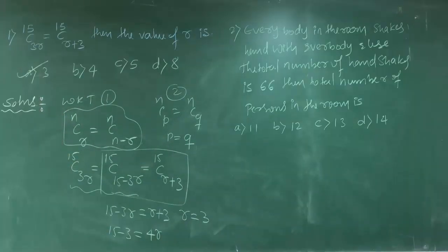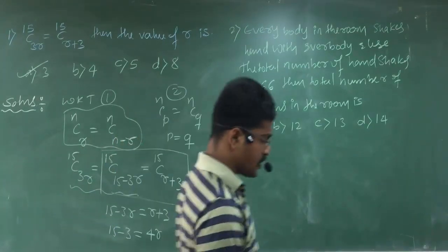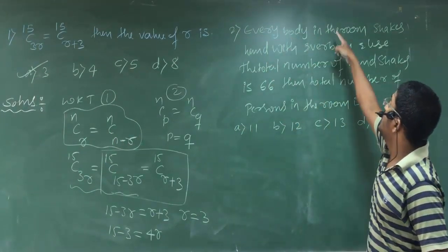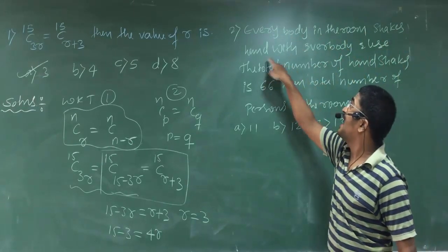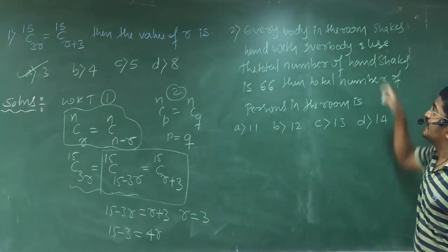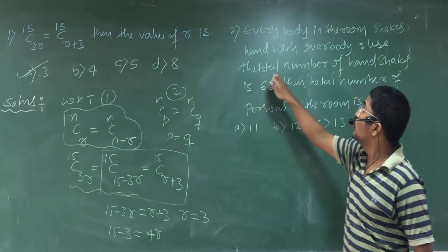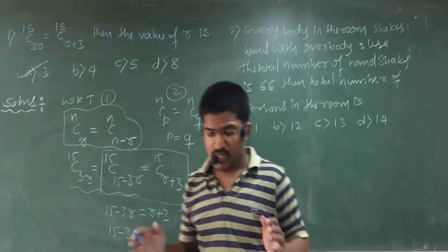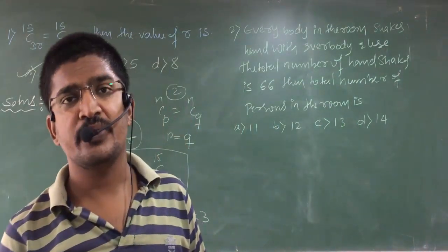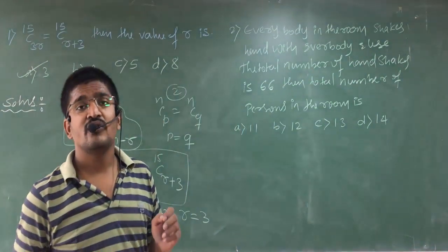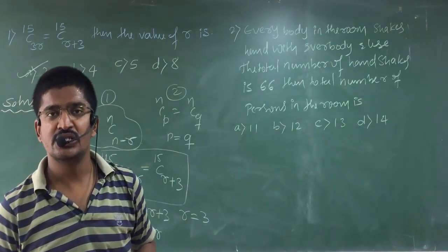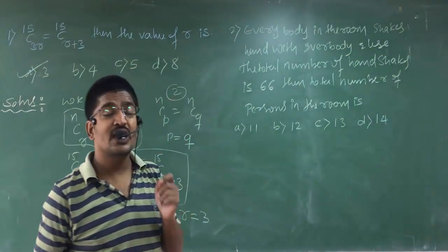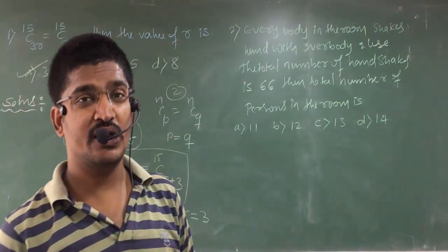Clear? Okay, students. So now let us go for the second problem, that is everybody in the room shakes hands with everybody else. The total number of handshakes is 66. That means there is a room gathered with some people who are shaking hands with each other, so that 66 is the total number of handshakes done.